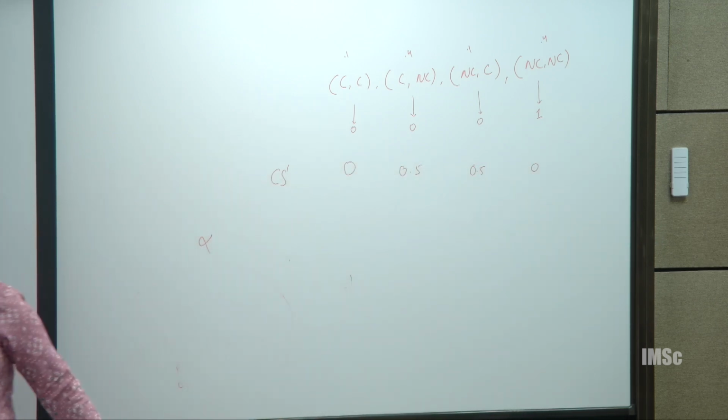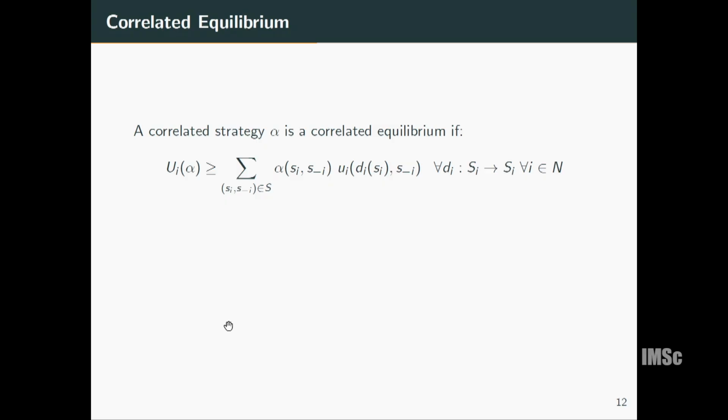Because the moderator is telling me to play something only with probability alpha Si comma S minus I, this remains unchanged. We can interpret it as playing the game a large number of times. In another case, the player wouldn't play NC again. It would play only C for 0.5 probability, because the NC in the distribution is 0.